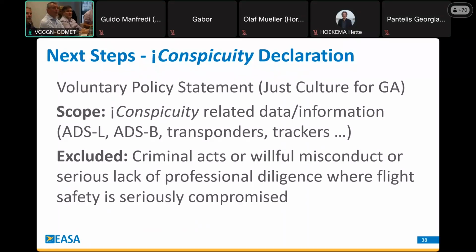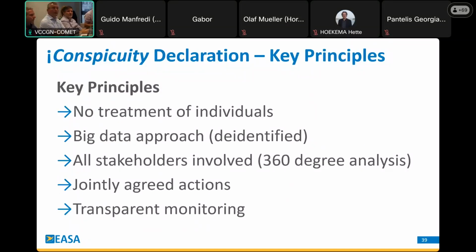It will be a policy statement focusing on the use of iConspicuity-related data and information, which is all-encompassing, but will exclude severe breaches of misconduct or criminal activities, of course, as just culture is defined in European law. Next one, please.